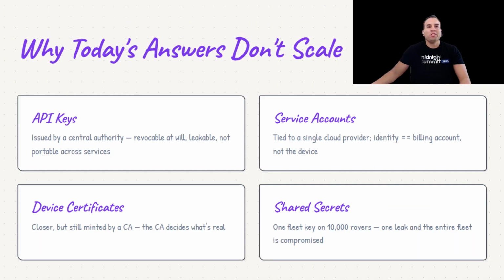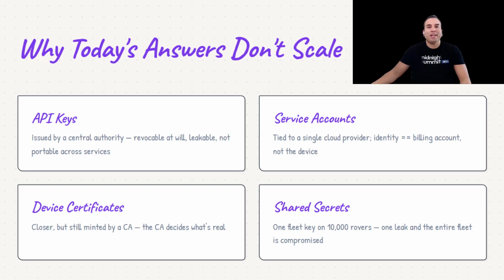Why don't we just use what we already have? 4 reasons. 1. API keys. They are issued by a central authority, revocable at any moment, leak easily, not portable across surfaces. Your device's existence depends on a vendor's behavior. Second, service accounts. They are tied to a cloud provider billing account. That's not identity.